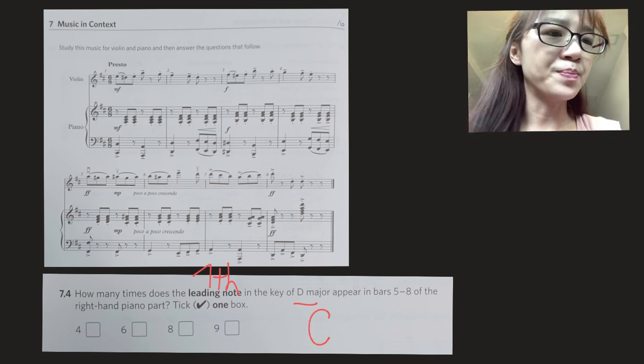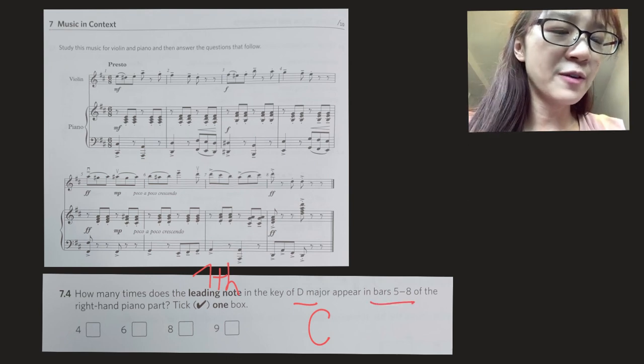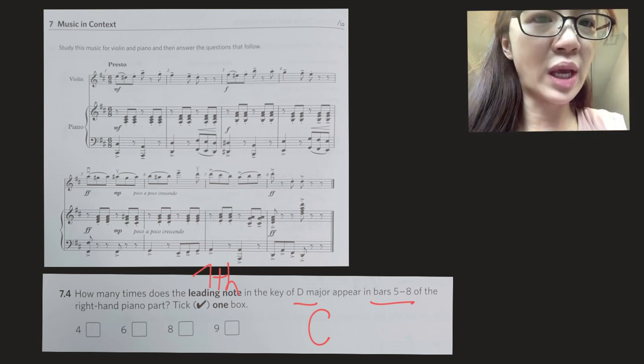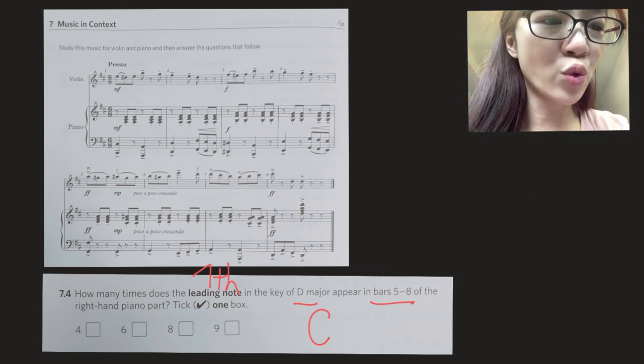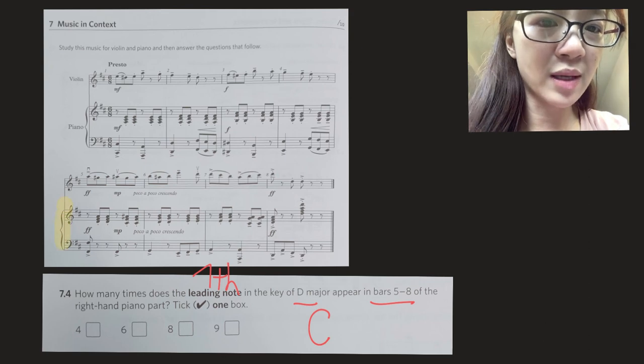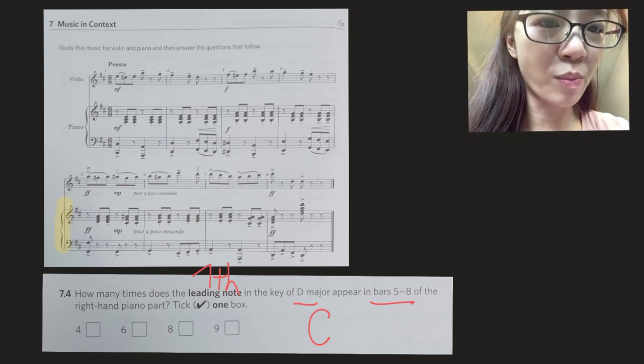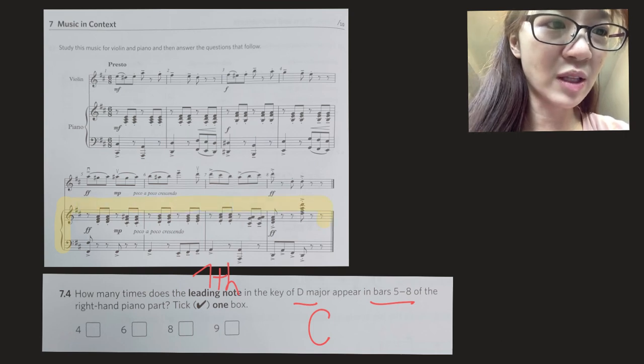So in bars 5 to 8 of the right hand piano part, we can underline bars 5 to 8. Imagine the right hand: bar 5, bar 6, bar 7 and 8.